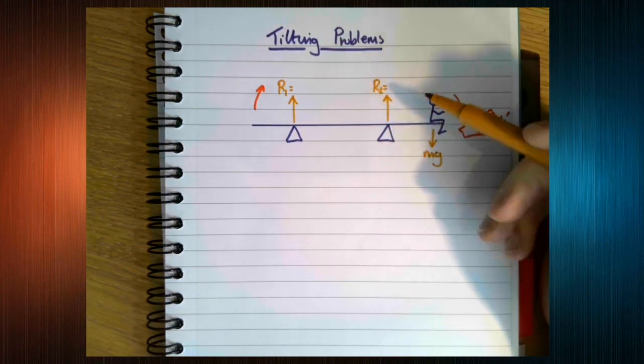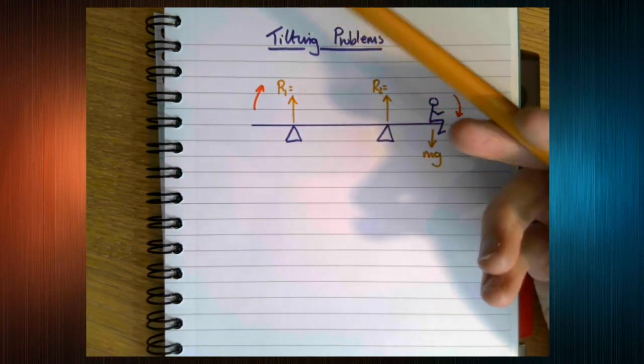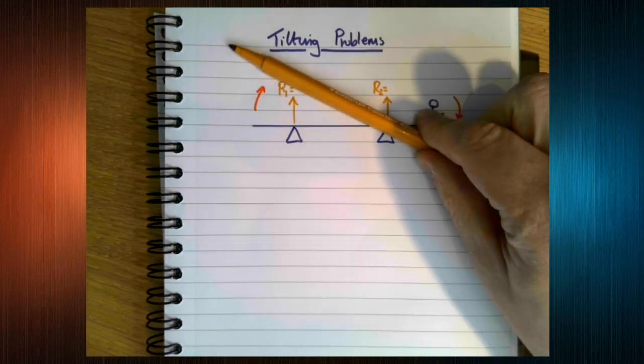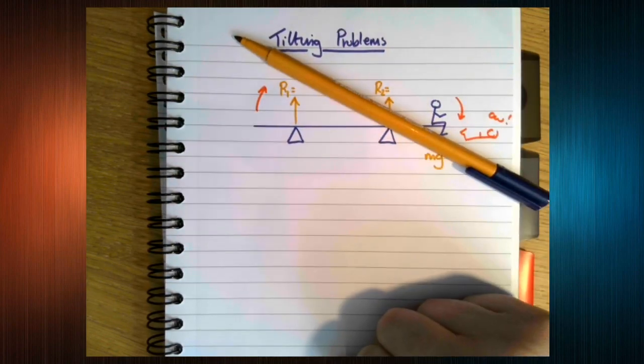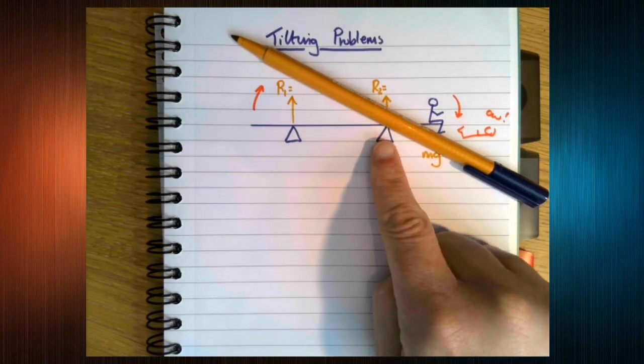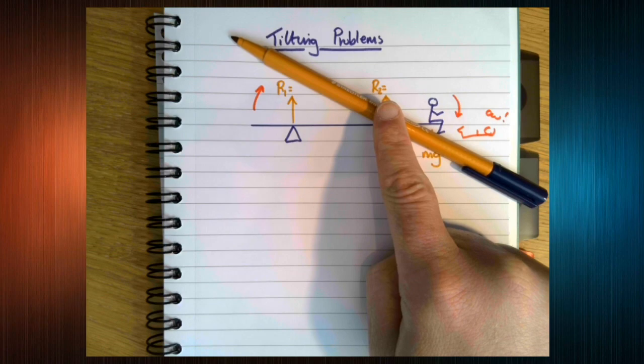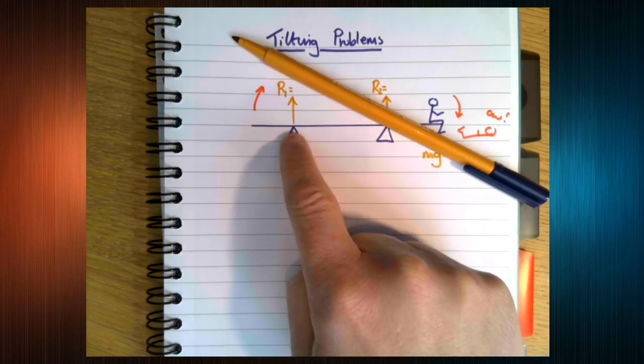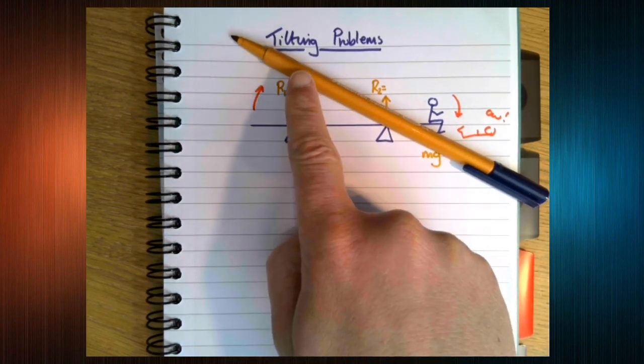Now, once this bench goes, we only have one point of contact, this reaction force here. So this has a reaction force. We no longer have a reaction force here, so it doesn't exist.